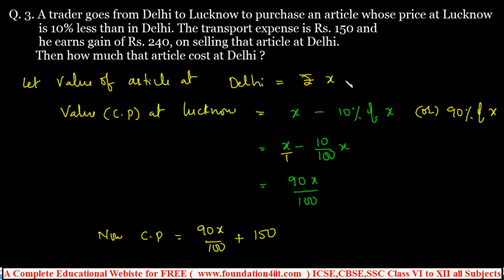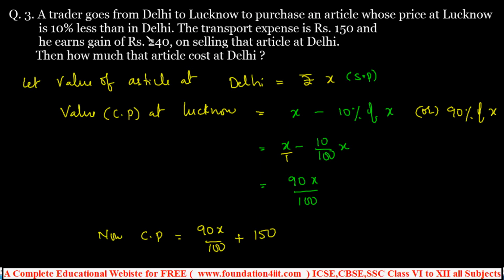The article at Delhi was sold for X, but the cost price is this much. Value of the article at Delhi means that for X rupees he sold it. Then on selling the article at Delhi, how much does that article cost at Delhi? So this is nothing but the selling price, but compared to it the cost is less.